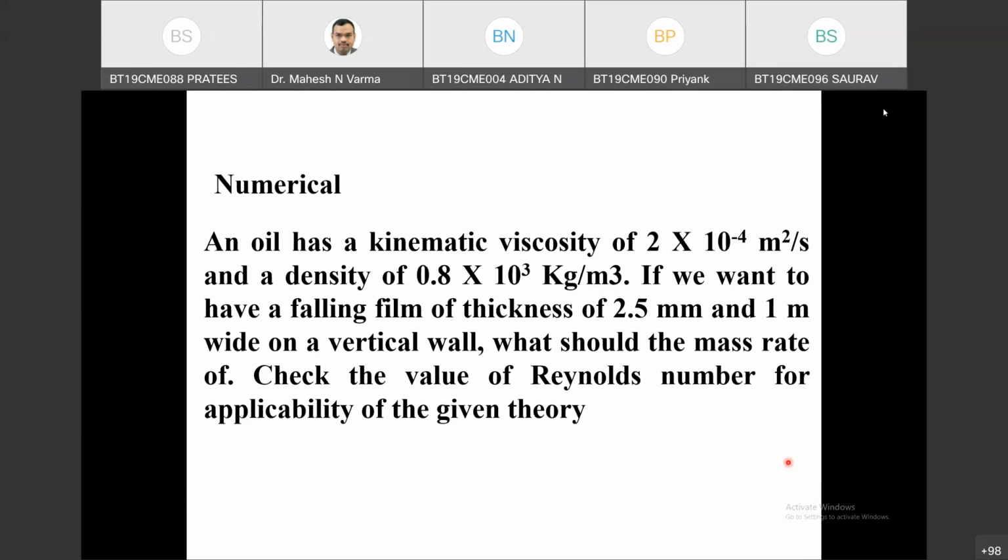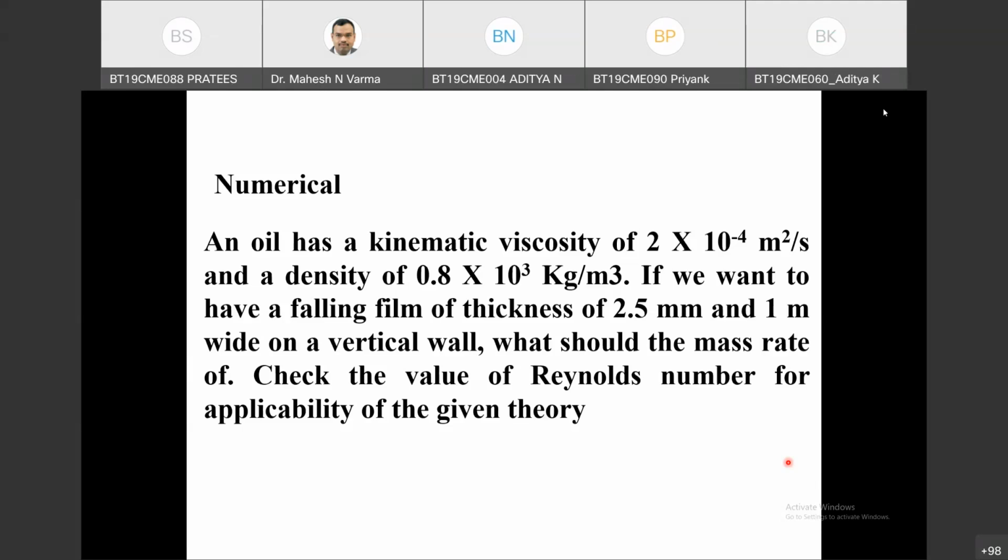Width is given, on a vertical wall. What will beta equal for a vertical wall? Zero degree, sir. So what should be the mass flow rate of the film? Check the Reynolds number, whether it is applicable or not.